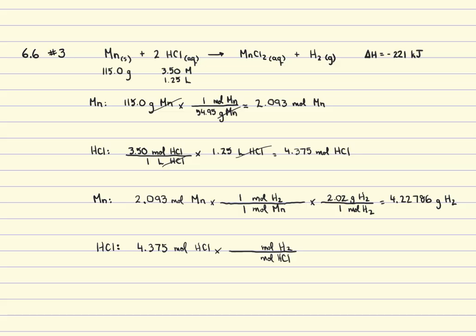It says that 1 mole of hydrogen is formed by 2 moles of the hydrochloric acid, and then I'm going to go all the way along to figure out the mass of hydrogen formed by this reaction. So we have the same 2.02 grams per 1 mole, and I should be doing my canceling all the way along just to be really consistent.